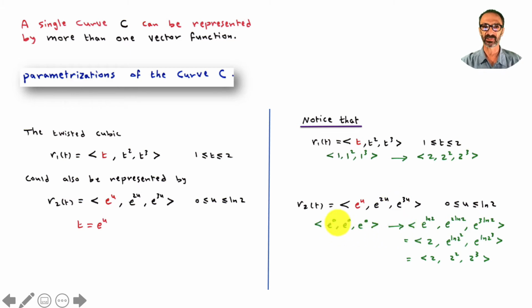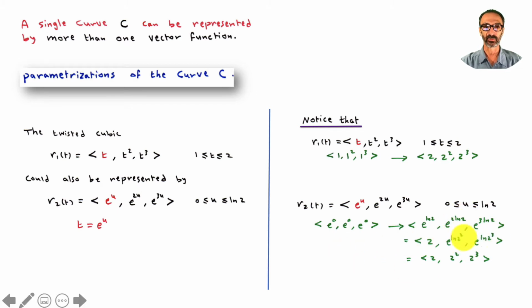So e to the 0 is 1, e to the 0 is 1, e to the 0 is 1. Yes, it agrees with this one right here, the start point. Look at the last part, e to the ln 2, e to the 2u, but u is ln 2, e to the 3 ln 2, but we know that the 2 goes up inside here, part of the rules of ln and logarithms.